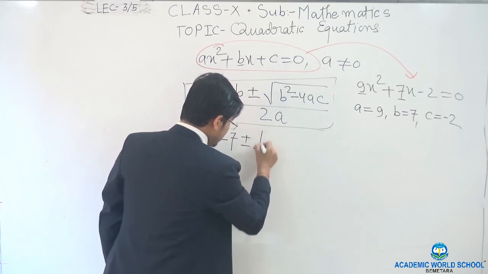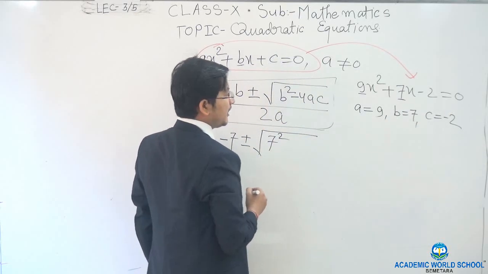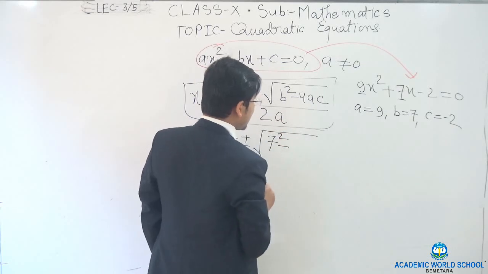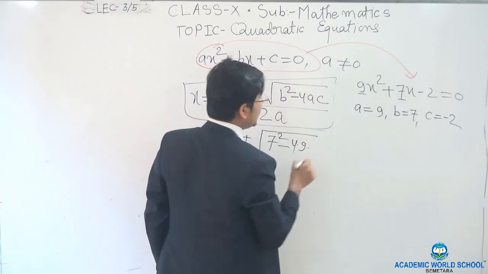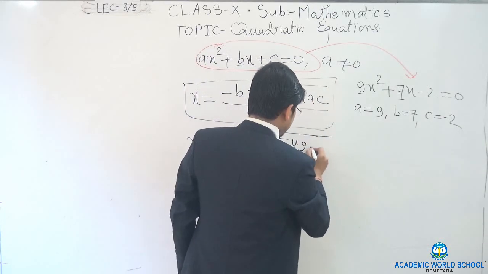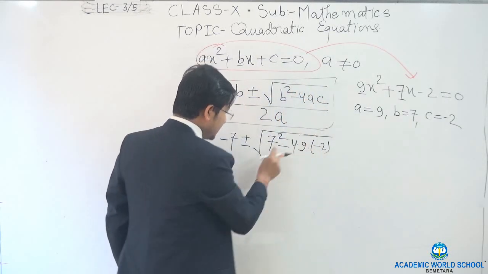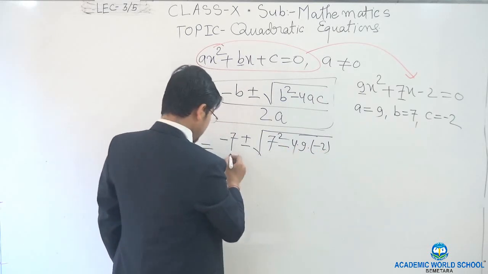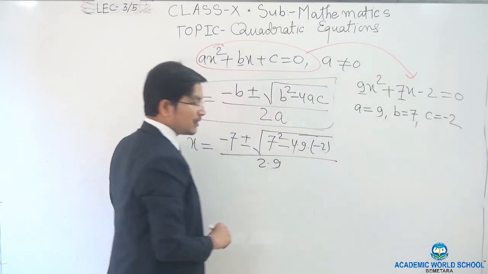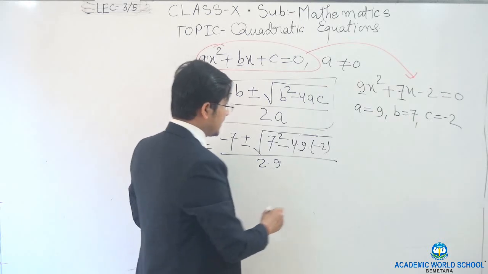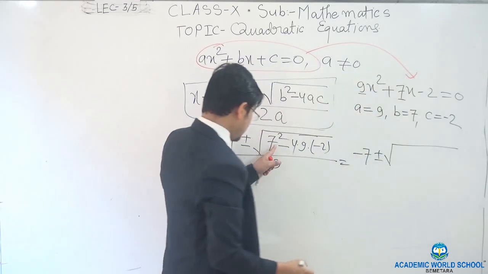Then plus minus root over b square means 7 square, then minus 4 into a into c, where a is 9 and c is minus 2, upon 2 into a, so 2 into 9. This is as simple as this. So minus 7 plus minus root over 7 square means what?